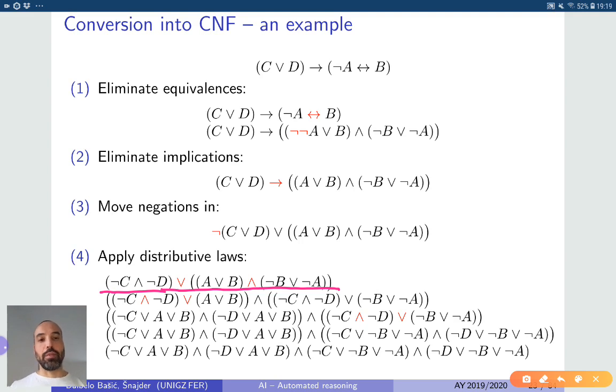And now in step 4, I need to apply the distributive laws to convert the formula to a conjunction of disjunctions, because what I've got after the third step is actually not a conjunction of disjunctions, right? Because the OR operator is the outer operator and AND is the inner operator, and here's one AND operator here.